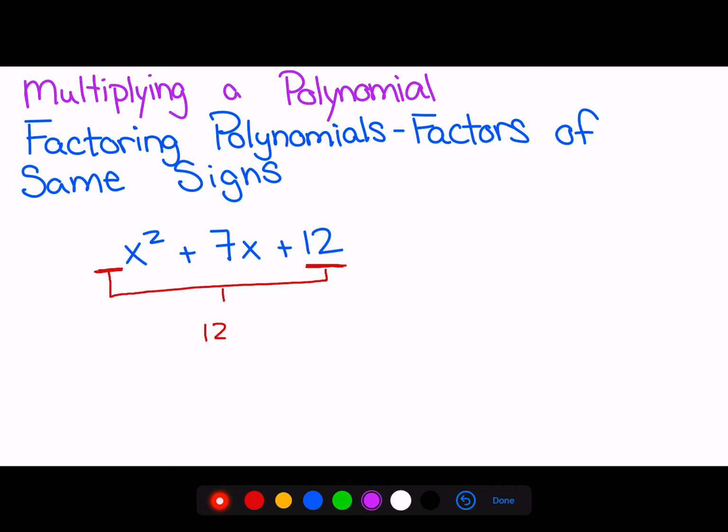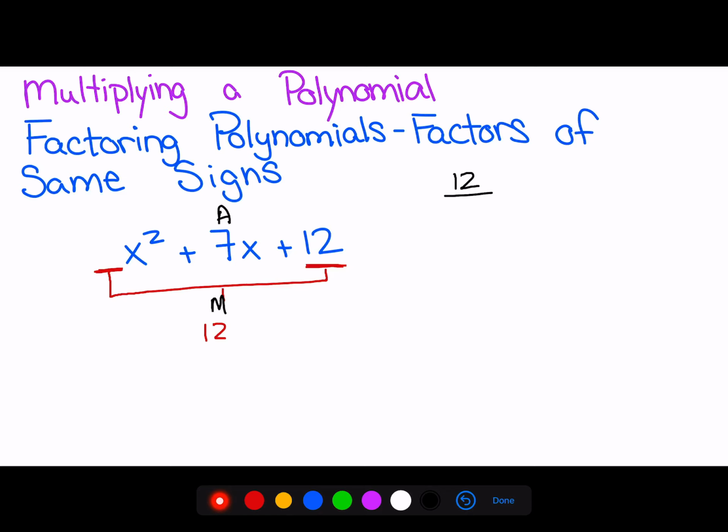From here, I need numbers that add to be 7, our middle term. Multiply to be the number that we just found out. So 1 times 12 gave me 12, so I need numbers that multiply to be 12, add to be 7. So I take the number that we're multiplying to, 12, and I find out all the numbers that multiply to be 12, because there's a lot fewer of those than add to be 7.